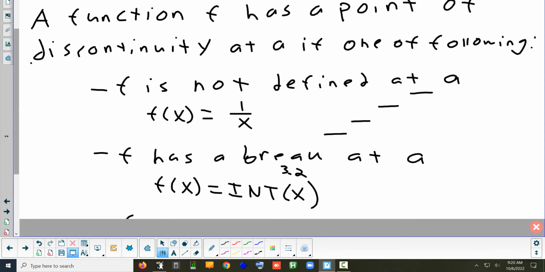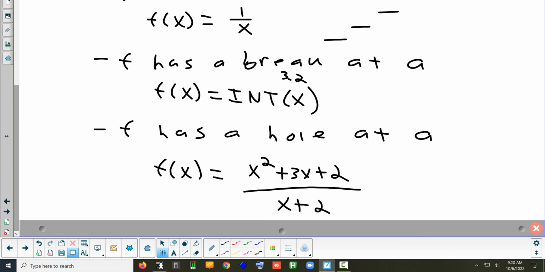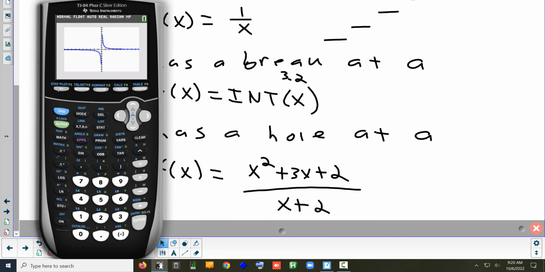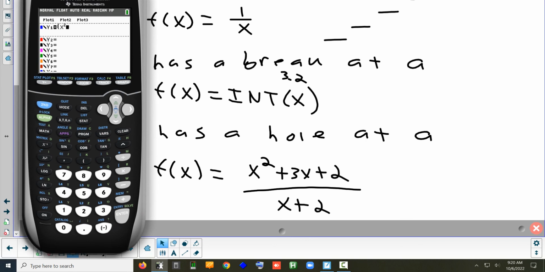The third way that you can get a discontinuity, you cannot see on a graph. And that would be this one. Let's type that in and see what it looks like. So we're going to put in x squared plus 3x plus 2, and we're going to divide by x plus 2.